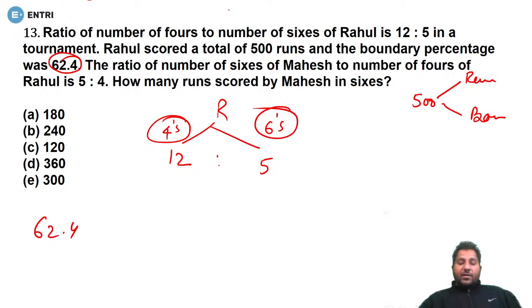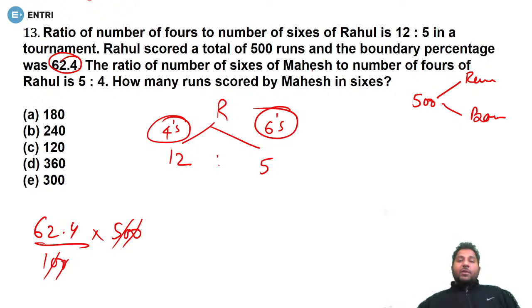Now tell me who will give me the answer of this question. It is a really good question and I want you to solve it with speed. If 62.4 is the percentage, we have to divide it by 100 and multiply it with 500. That is the boundary percentage. Let's find out the total runs scored in terms of fours and sixes.